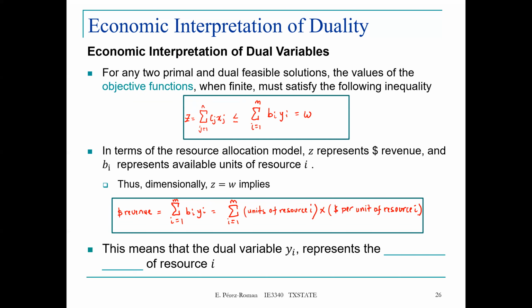So this means that the dual variable yi represents the worth per unit of resource i. One more time, the dual variable yi represents the worth per unit of resource i.